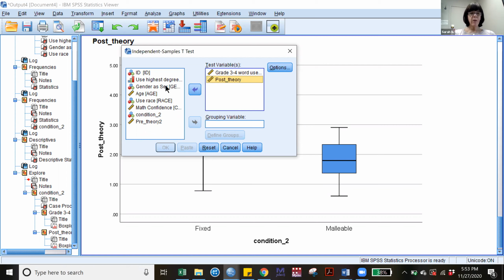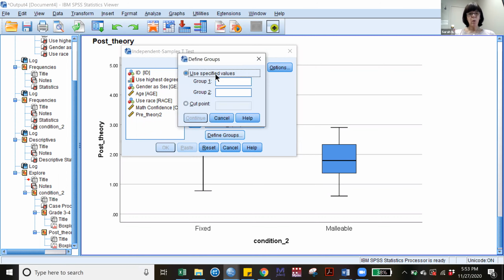And we're going to compare them on the grouping variable condition. The two values that condition was coded as were 1 and 2. So you have to remember what numbers those groups were coded as having so that you put in the right values here.